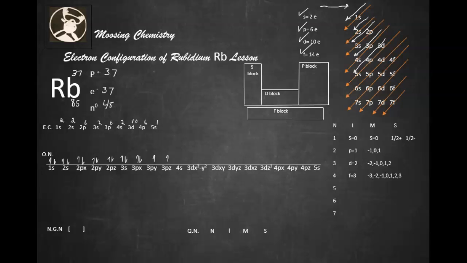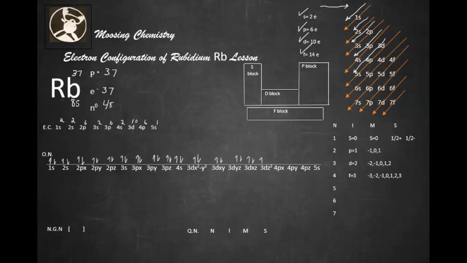Pretty darn snarly. That's all I gotta say. This is so easy. Then you go 3dx squared minus y squared, 3dxy, 3dyz, 3dxz, 3dz squared. And then you just do the same thing. You go up, up, up, up, up, and then you go down, right?